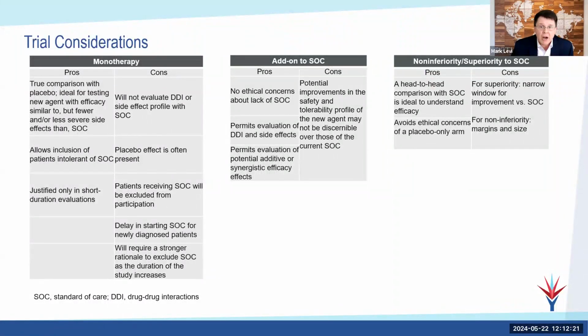For superiority, you have a narrow window for improvement versus standard of care. And in a non-inferiority study, the FDA controls the margins, the non-inferiority margins, and those control the size of the study, which ultimately controls the cost of the study. So all these considerations can be looked at in phase 1, phase 2, and phase 3.